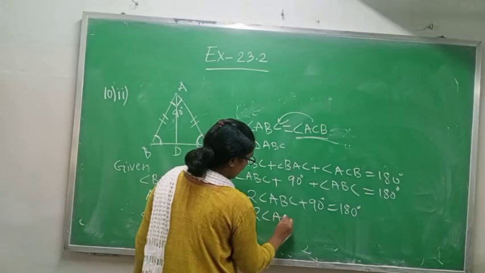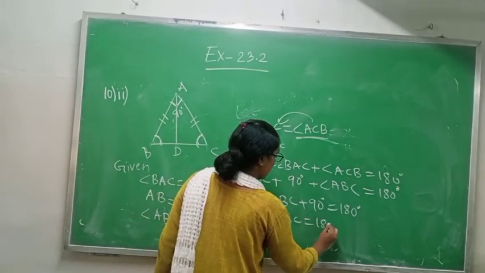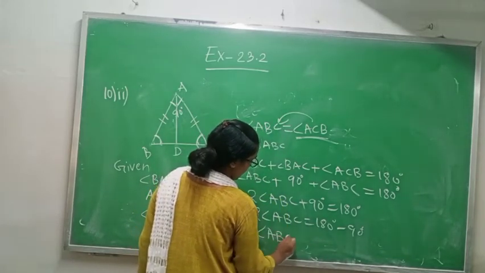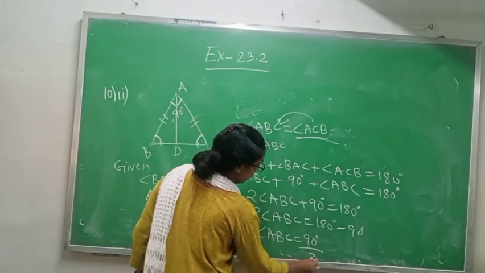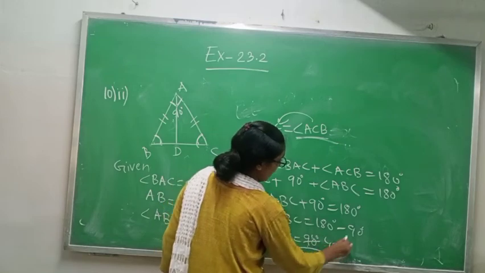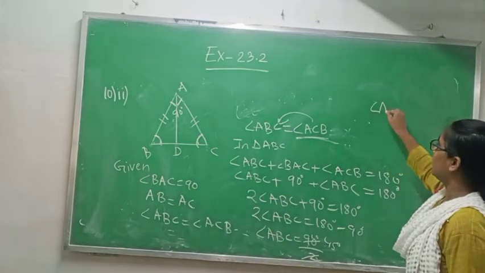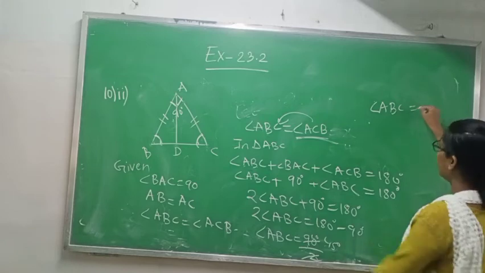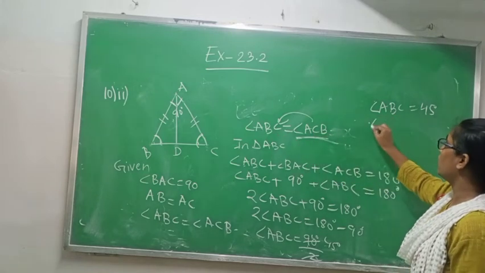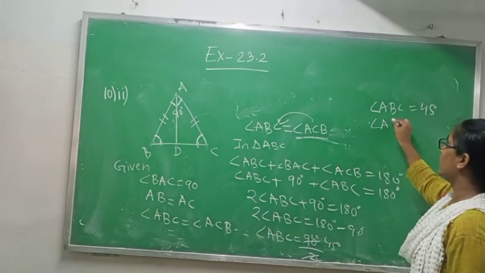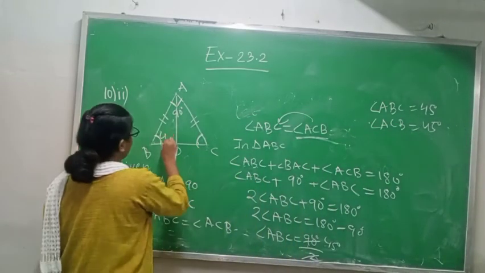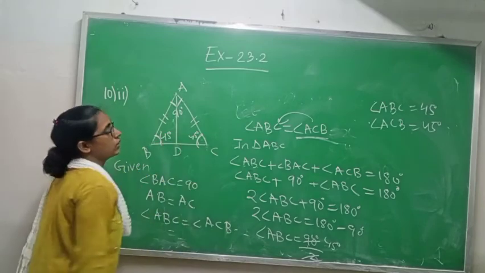Two angle ABC equals 180 degrees minus 90 degrees, so angle ABC equals 90 degrees by 2. Therefore angle ABC is 45 degrees. And if angle ABC is 45 degrees, ACB is also 45 degrees, because both are equal. This is 90 degrees, this one is 45 degrees, and this one is also 45.